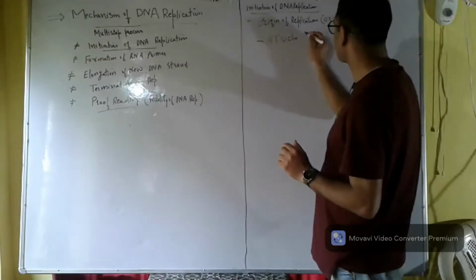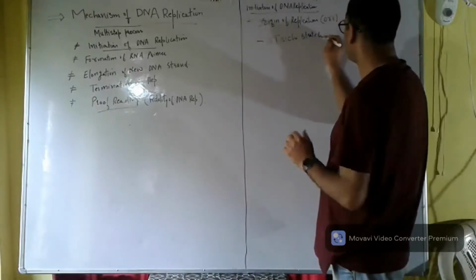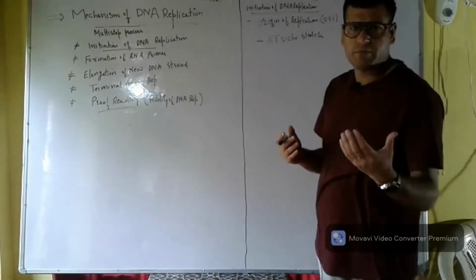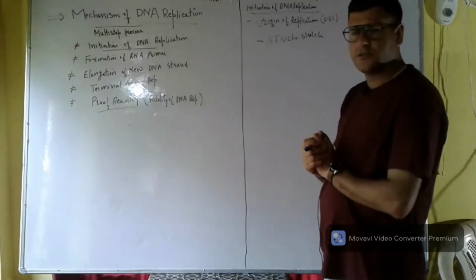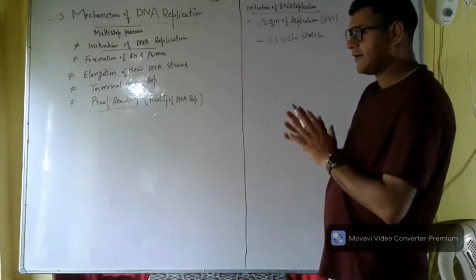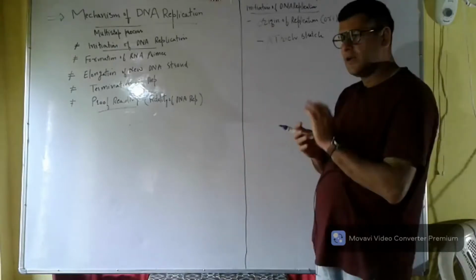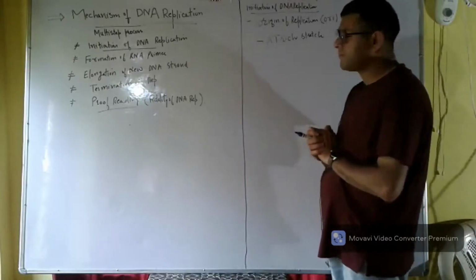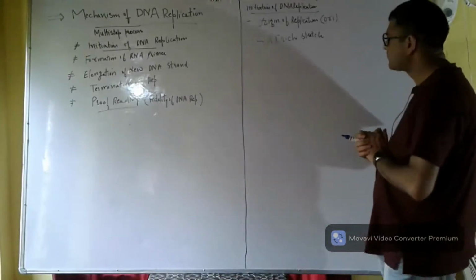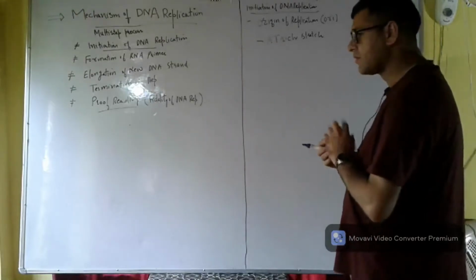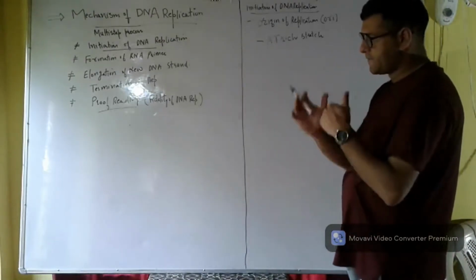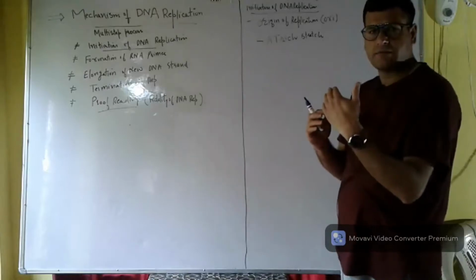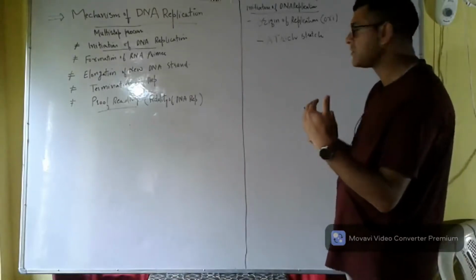As I told you, DNA replication does not occur randomly on a DNA molecule, but takes place at a specific region known as the origin of replication, ORI. This region has a particular sequence, an adenine thymine base pair rich sequence.